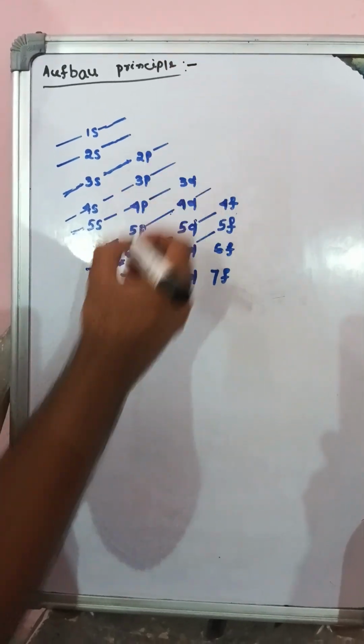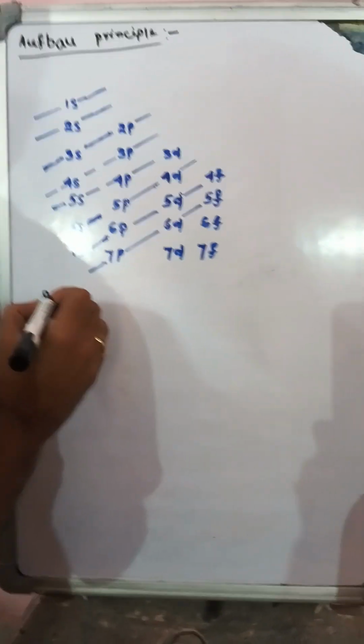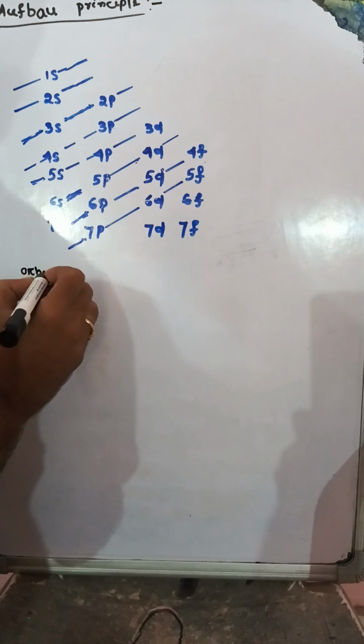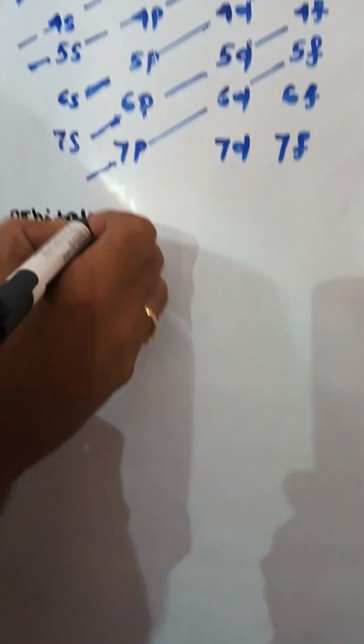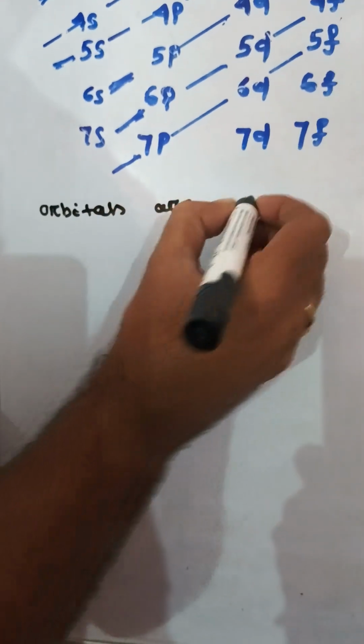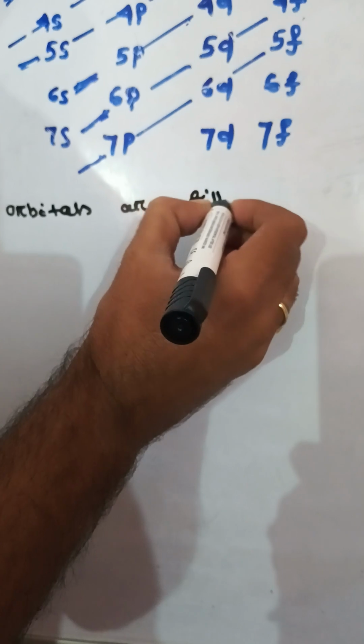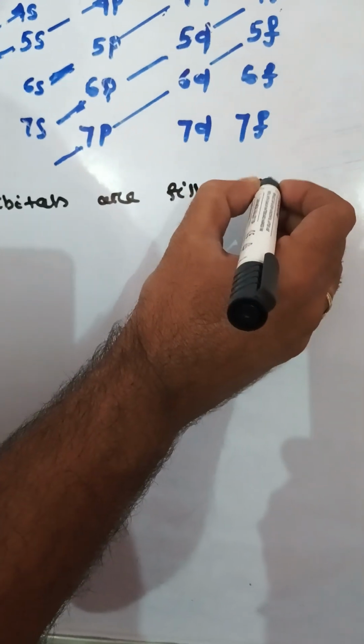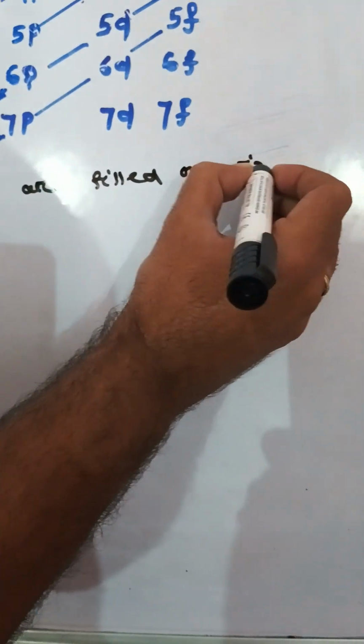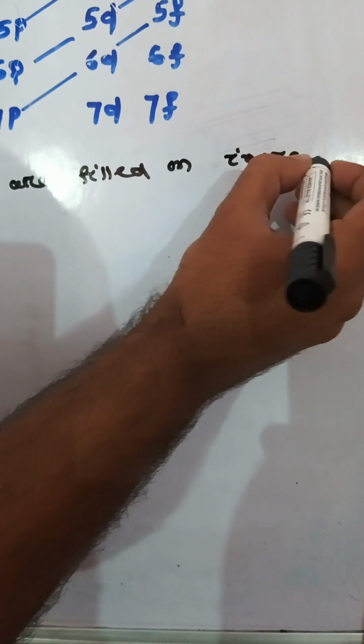Aufbau principle states that orbitals are filled in increasing order of their energies.